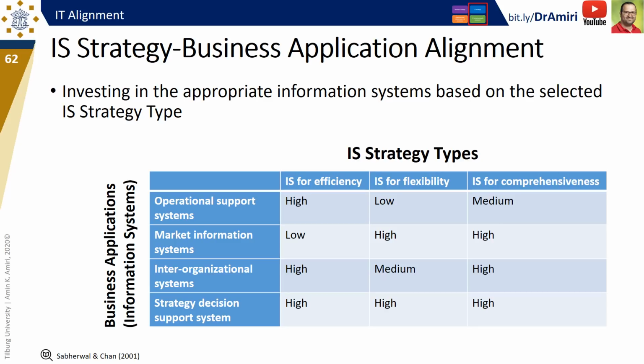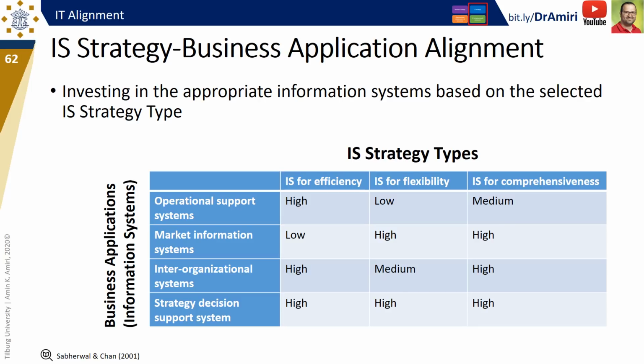An IS for efficiency strategy means the CIO has to find ways to have higher investments in operational support systems, inter-organizational systems, and strategic decision support systems. At the same time, the CIO is required to de-escalate investment in market information systems.